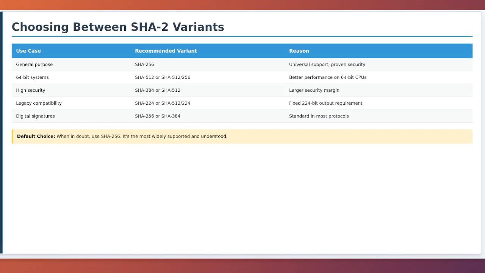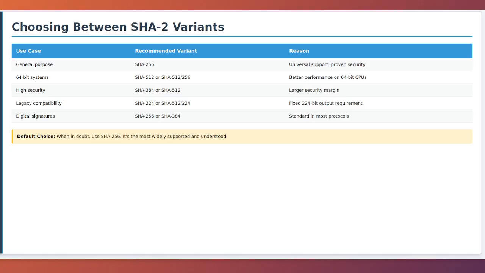Choosing between SHA-2 variants. With 6 different SHA-2 variants available, how do you choose which one to use? Let's break down the decision factors. For most general-purpose applications, SHA-256 is the recommended choice. It provides 128-bit collision resistance and 256-bit preimage resistance, which is more than sufficient for any foreseeable threat.